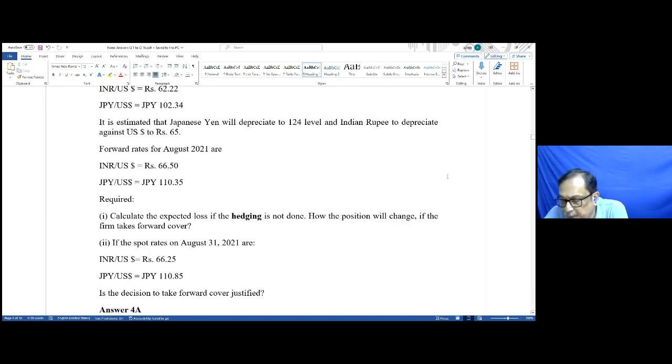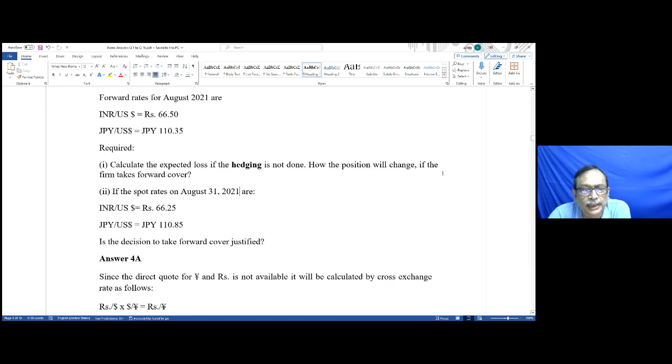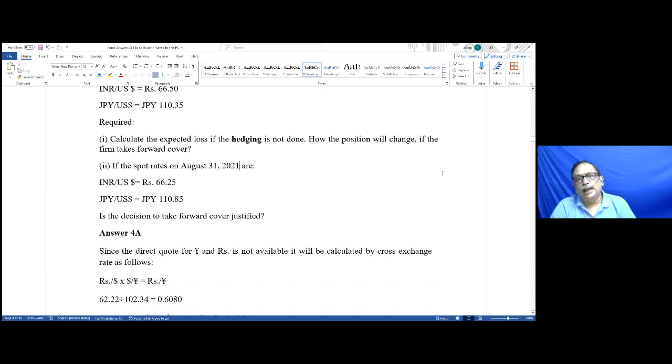So we are having rates for August 2021 where INR per US dollar rupees 66.50 and JPY per US dollar, that is JPY 110.35. And the first question is, calculate the expected loss if the hedging is not done. How the position will change if the firm takes forward cover. That is the first part.